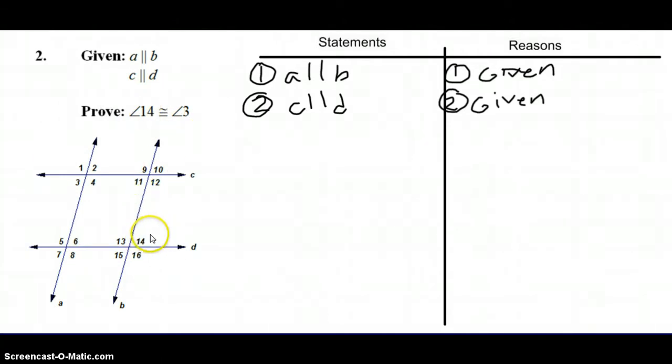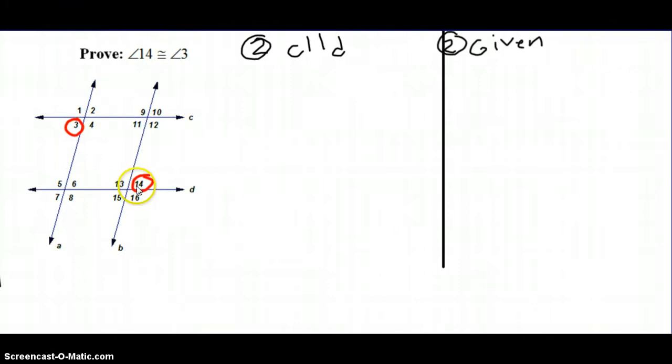I'm trying to go from the angle formed by lines B and D over to angle 3 and show that there's a direct relationship. And angle 3 is formed by lines A and C. So in order to get from angle 14 to angle 3, we need to find some angles in between that they are both congruent to.